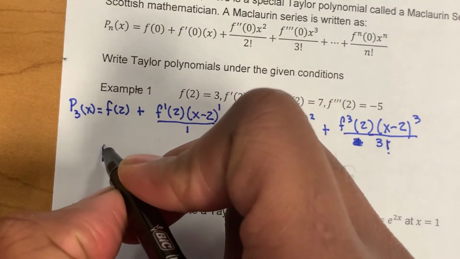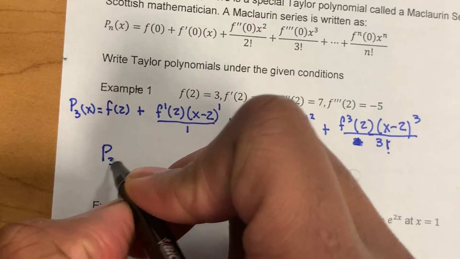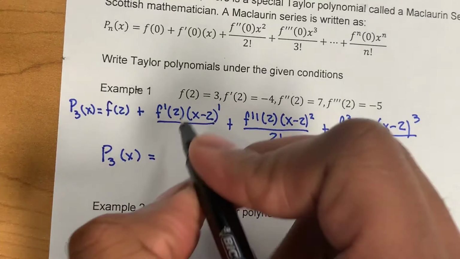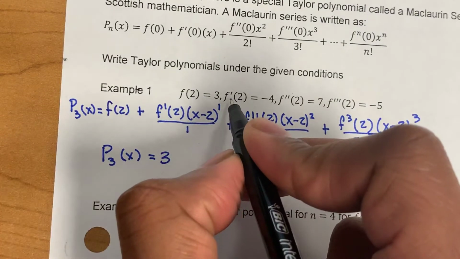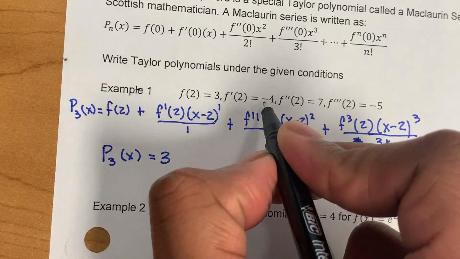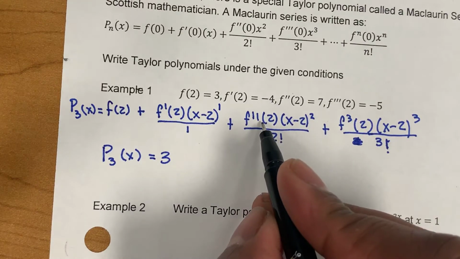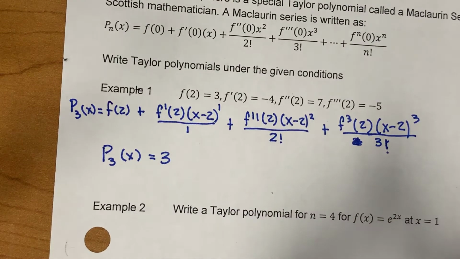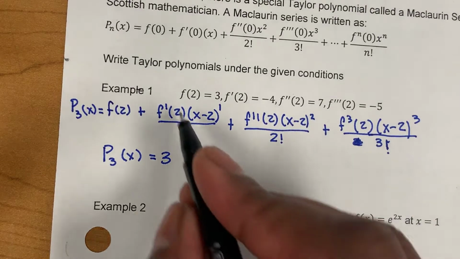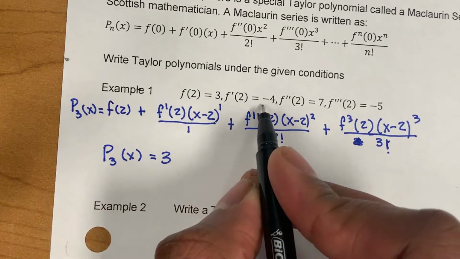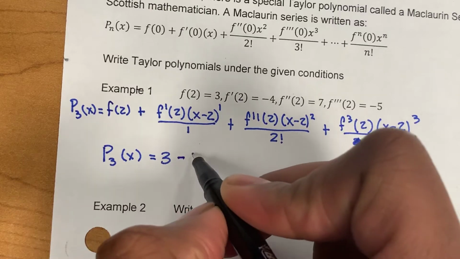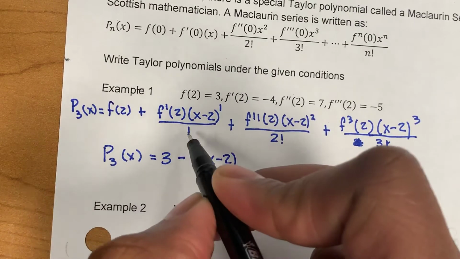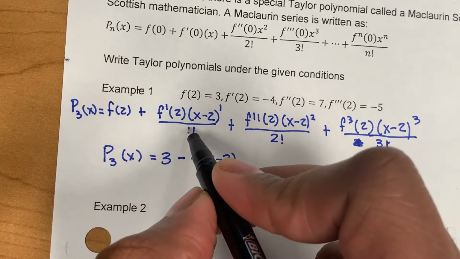So if we simplify this, we're going to have P3 of x equals f of 2, which is 3, plus f prime of 2, which is -4 over 1. So -4 times x minus 2, and 1 factorial is also 1.